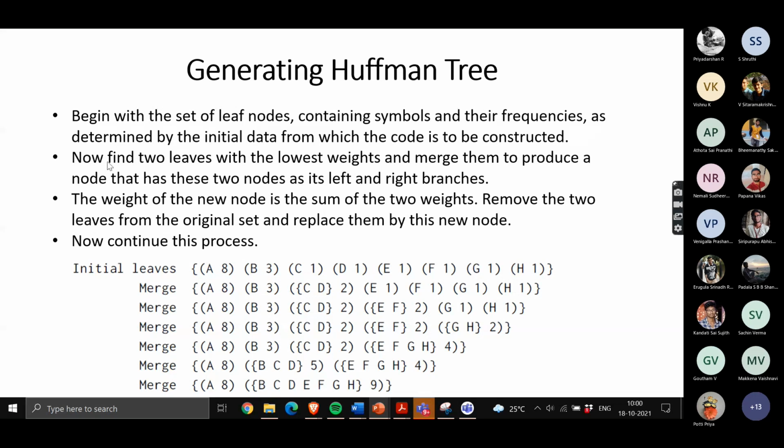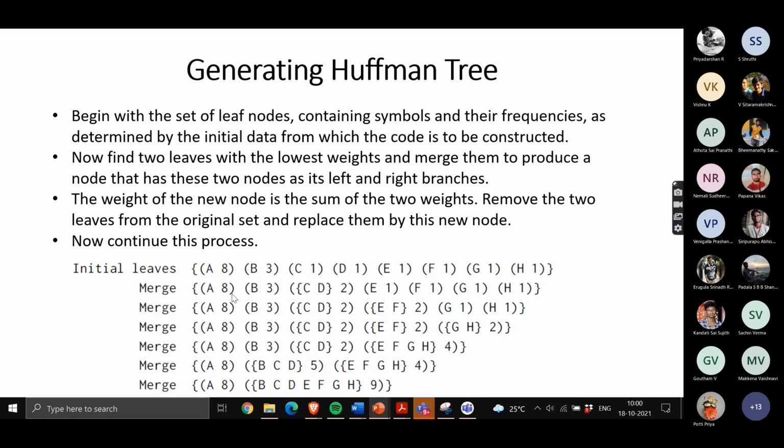What we have to do is find the 2 leaves with the lowest weight and merge them. I go from left to right. The frequencies are 8, 3, 1, 1, 1. 1 is the lowest frequency, so C and D will be merged.